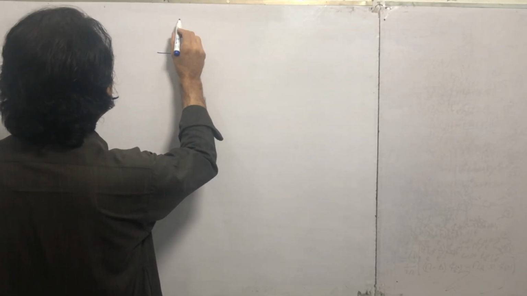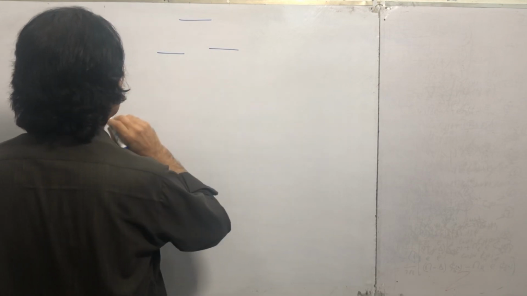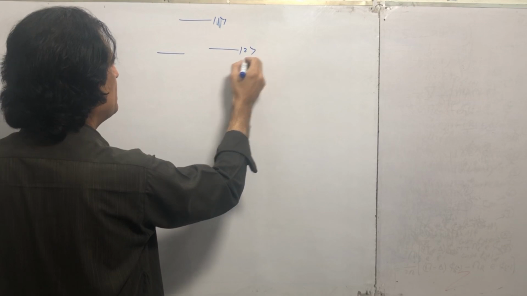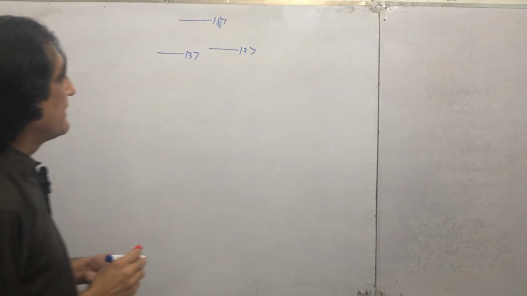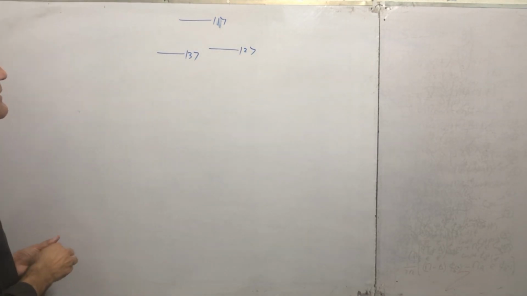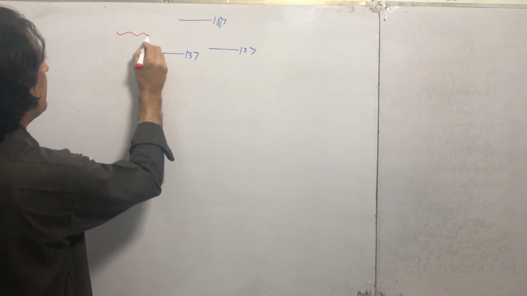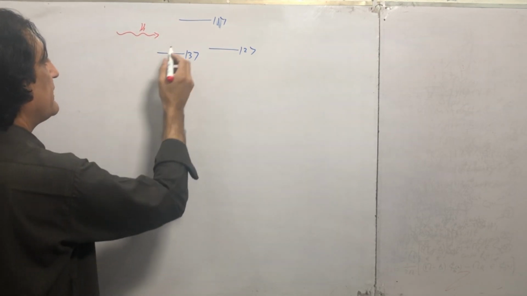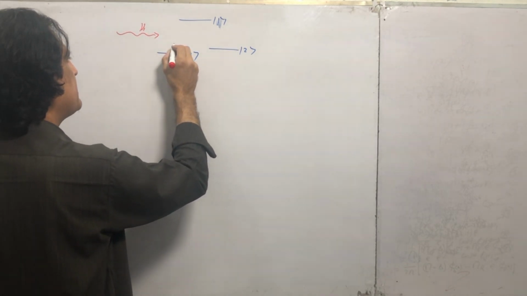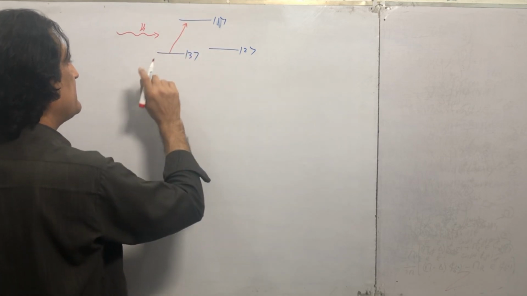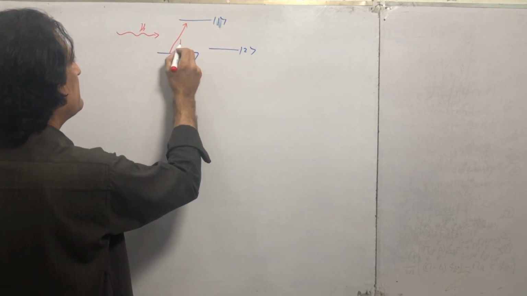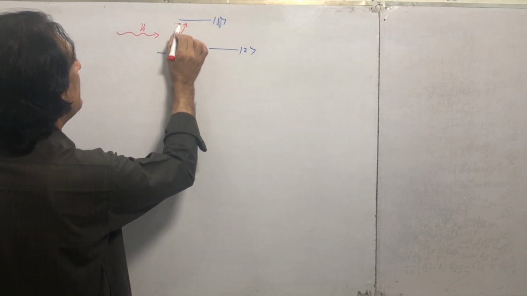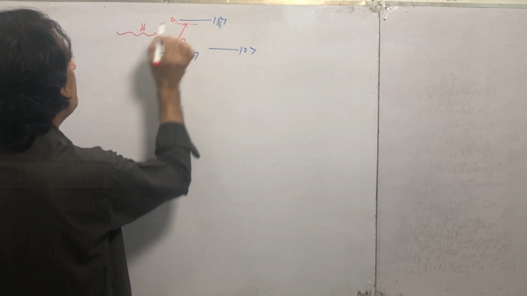We have another system, and this is 1, this is 2, and this is 3. And here a field with frequency ν1 is interacting, and the electron oscillates between these two levels 1 and 3 with Rabi frequency Ω1, and here it has some detuning Δ1.